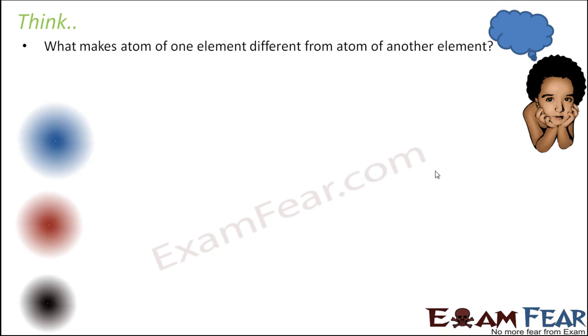Think that if you see the atoms, they are different. Atom of sodium, atom of chlorine, atom of carbon, they are all different. The question is, what makes them different? Because what I have told is, an atom is nothing but a nucleus and then an electron cloud. If that is an atom, what makes the atom of one element different from another? That means there has to be some difference.